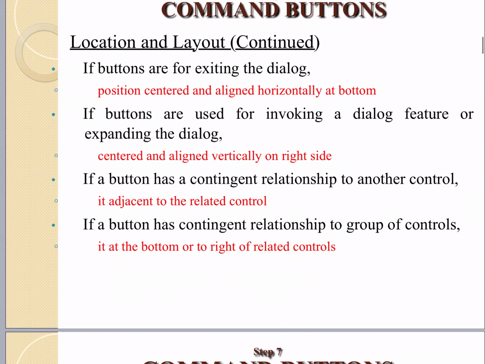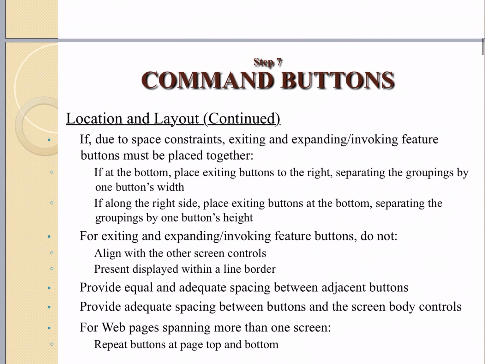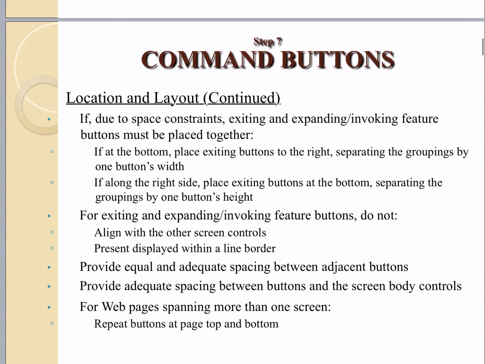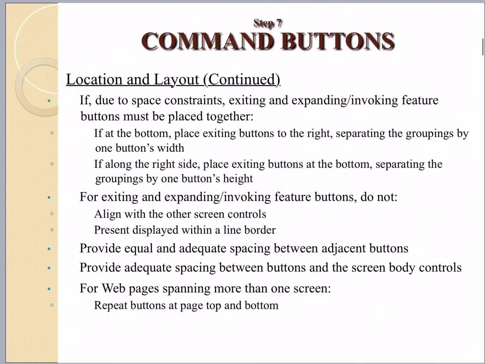We also have to make sure that the position is centered and aligned properly. For alignment, you have to consider the horizontal and vertical. And for adjacent buttons, we have to make sure they are related to our control, and that the location and layout are properly aligned with the adjacent buttons.